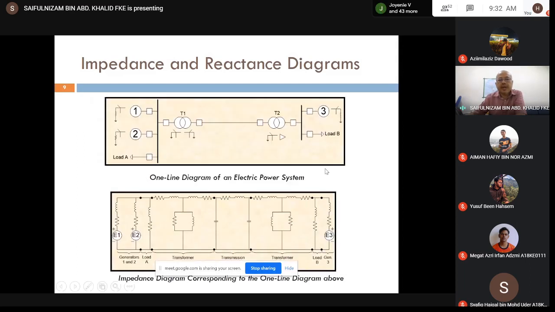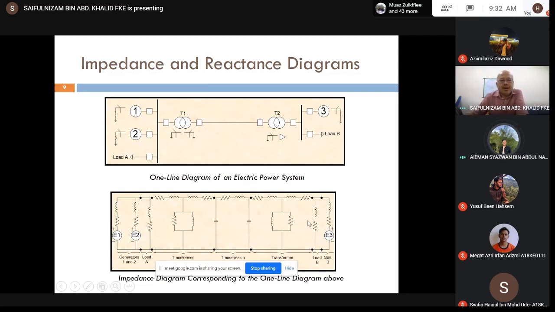Okay, any question regarding the one line diagram and the impedance diagram? No, don't have question. All right.